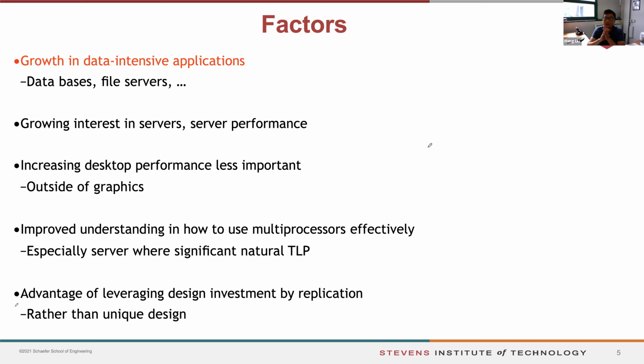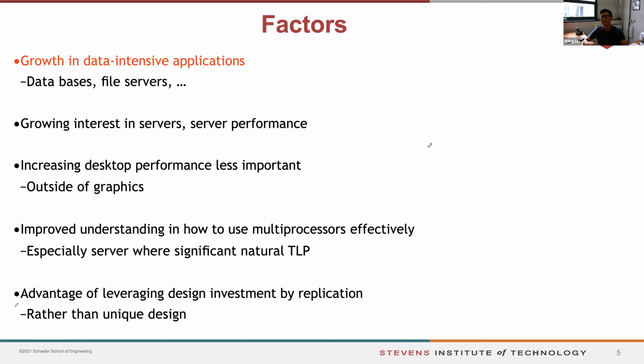They are interested in server performance. Increasing desktop performance becomes less important. Why? Because typically you use the desktop as an interface, and then you log into the servers to do the real job. So we really care about server performance, and the desktop, or laptop, is more like just an interface. Improving desktop performance becomes less important.